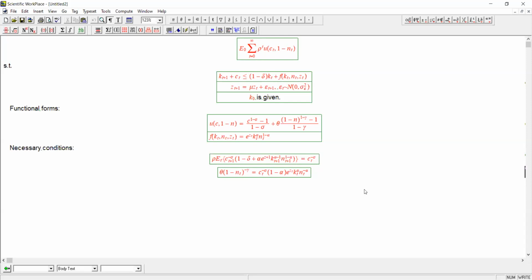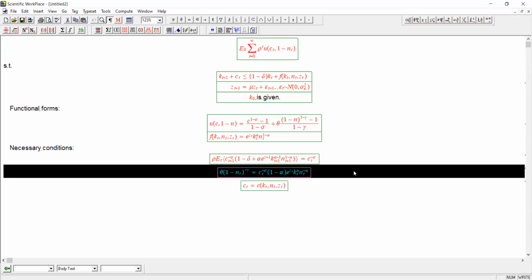In other words, we could rearrange this equation so that we have c as a function of capital, labor, and the productivity term z, where that function is given implicitly by this.